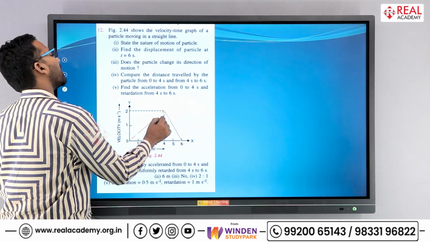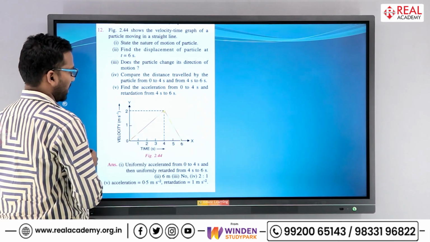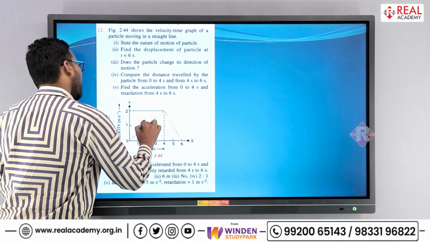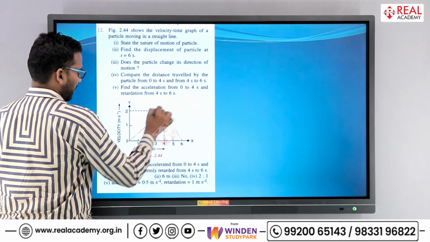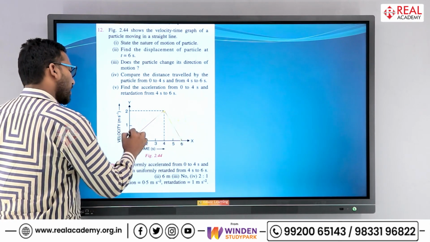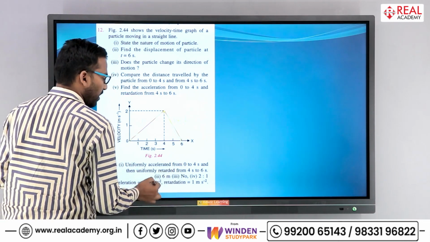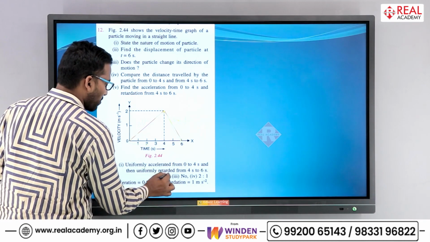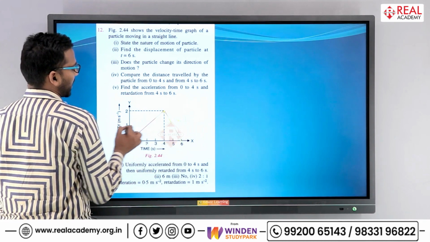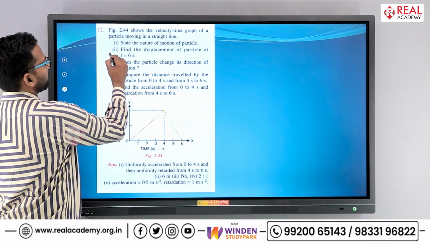Here I can mention it is acceleration and here it is retardation. So it is uniformly accelerating from 0 to 4 seconds and then uniformly retarding from 4 to 6 seconds. Getting?